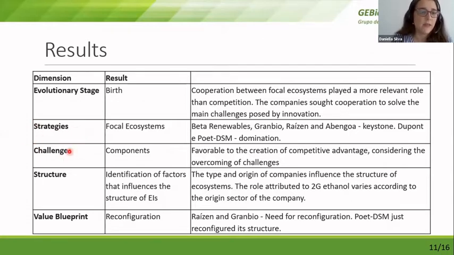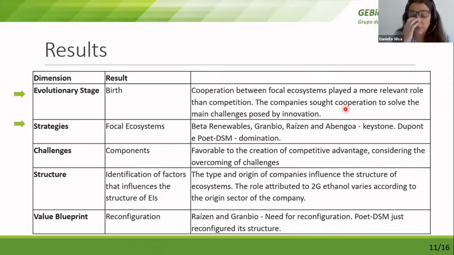We had an analysis about challenges, the ecosystem structure, and value blueprint. For the evolutionary stage, we have birth, and we observed that cooperation between focal ecosystems played a more important role than competition. The companies sought cooperation to solve main challenges posed by innovation.